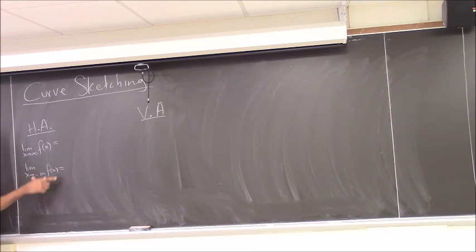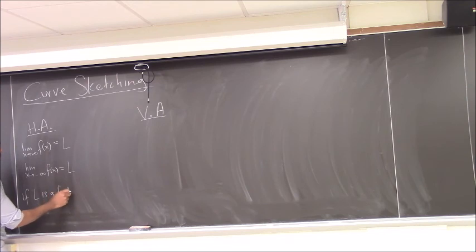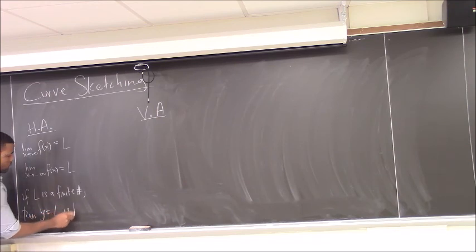So you find the limit as x approaches infinity and negative infinity of your function. It will give you some answer. And if L is a finite number, then y equals L is a horizontal asymptote. If you get infinity or does not exist, there is no horizontal asymptote.